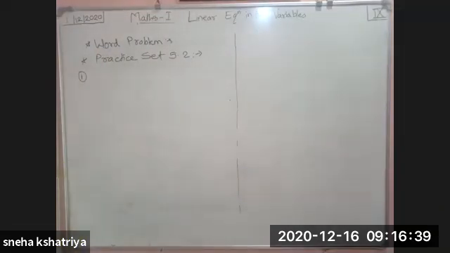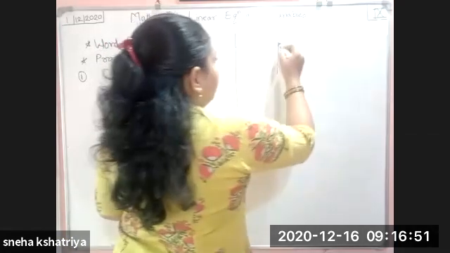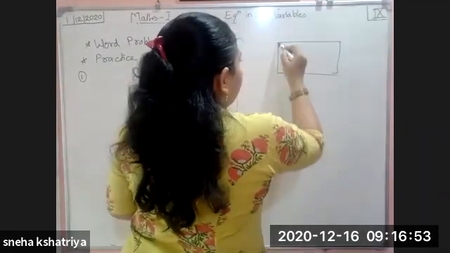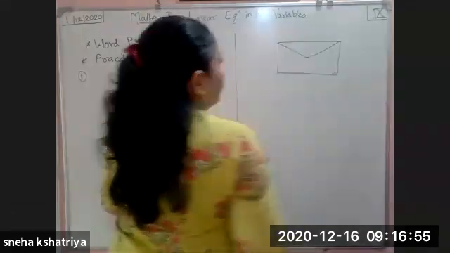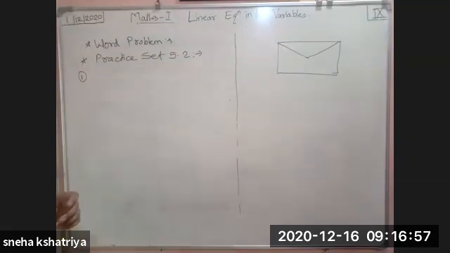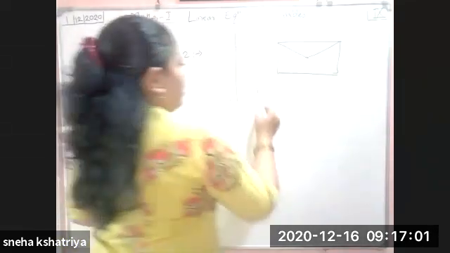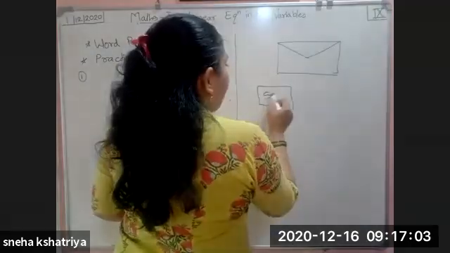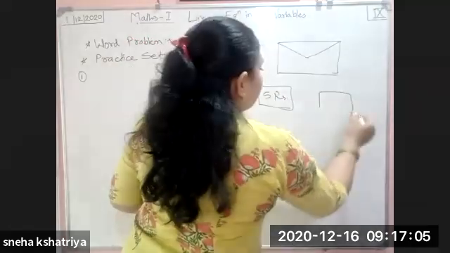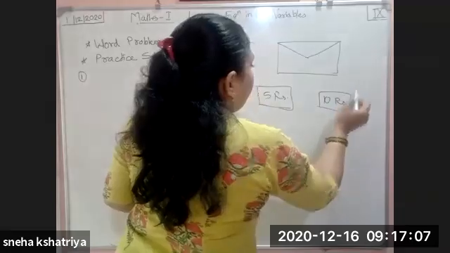Okay. What is the question? See in your textbook page number 90. In an envelope, there are some 5 rupees notes and some 10 rupees notes. One envelope is there. This is the note of 5 rupees and this is a note of 10 rupees.